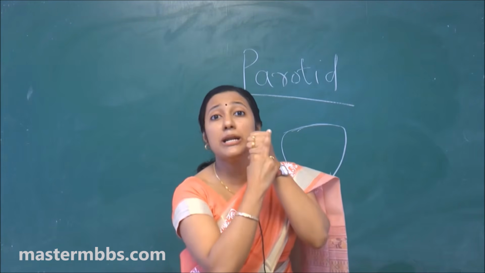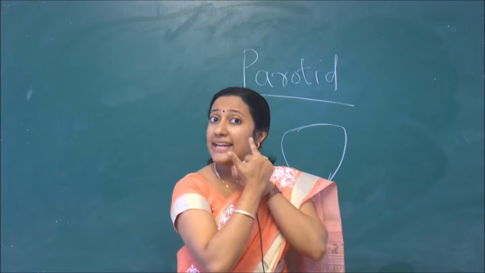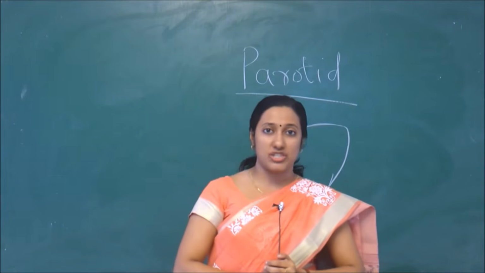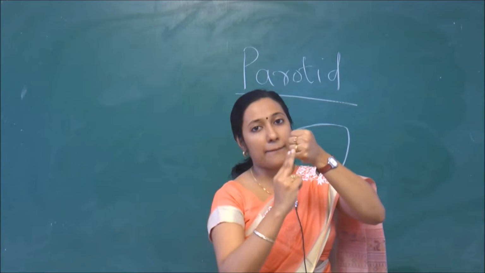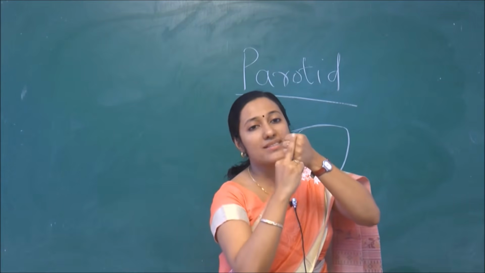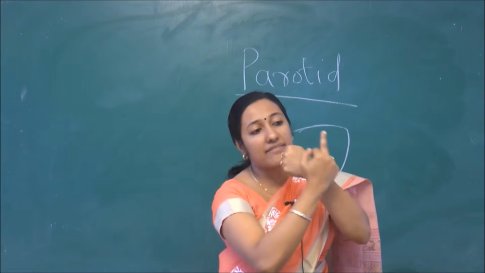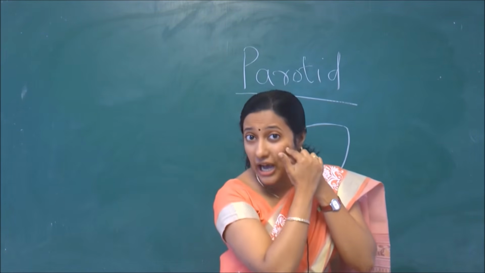The superficial part will cover the majority of the gland and attach to the zygomatic arch. This is the gland, this is the false capsule coming, splitting into two, one going superficially, the other going deep. The superficial part covers the superficial aspect and gets attached to the zygomatic arch.